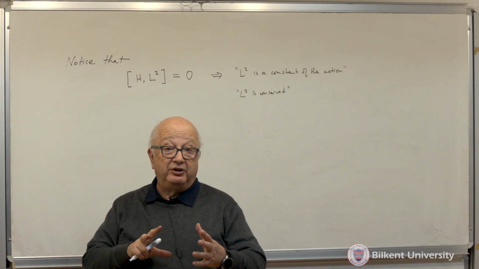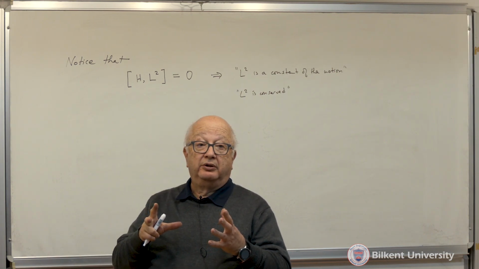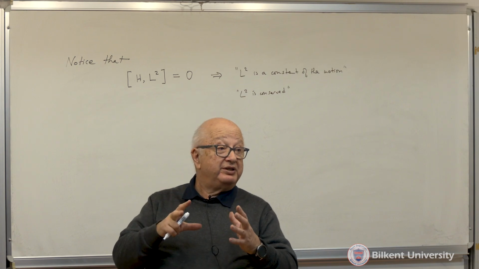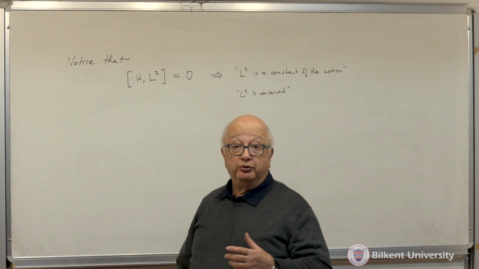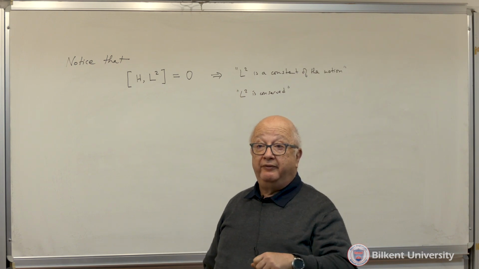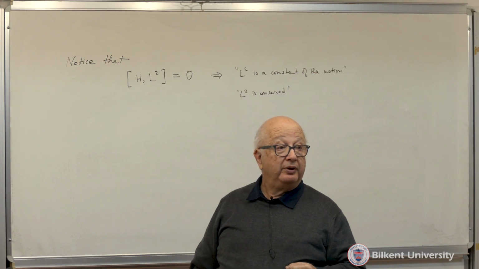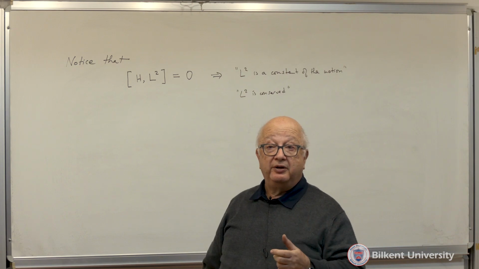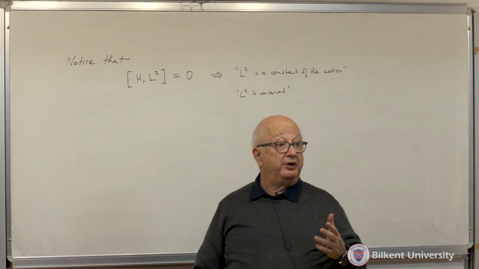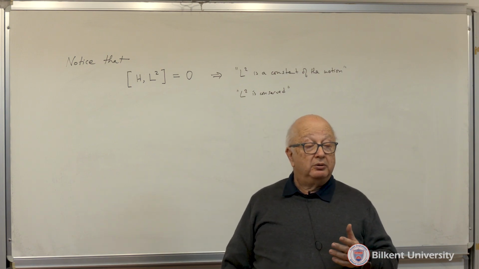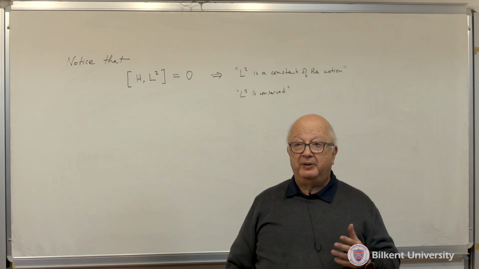If the potential contained an angle, if the potential was not central, then I could not say that, and it would not commute. So if I have a central potential, a potential that does not depend on the angle, angular momentum will be conserved. Does that sound familiar from classical mechanics?